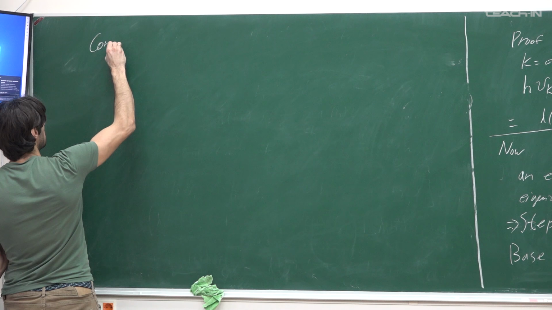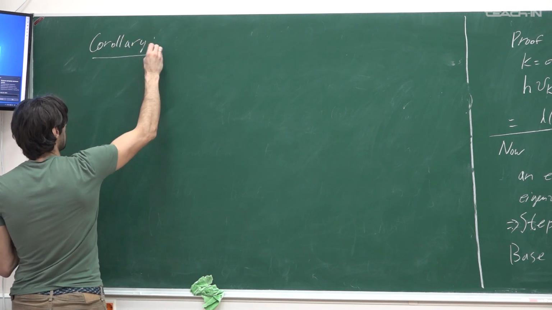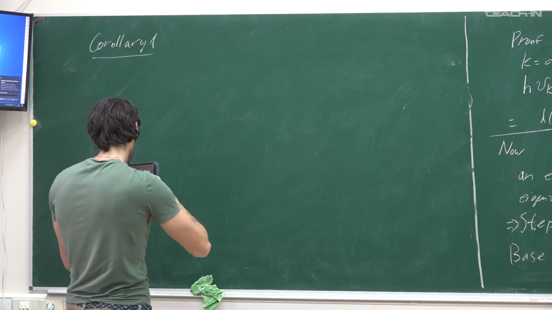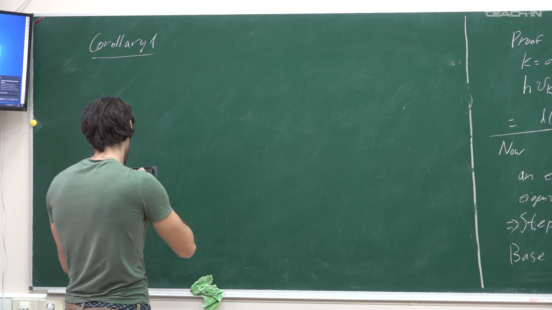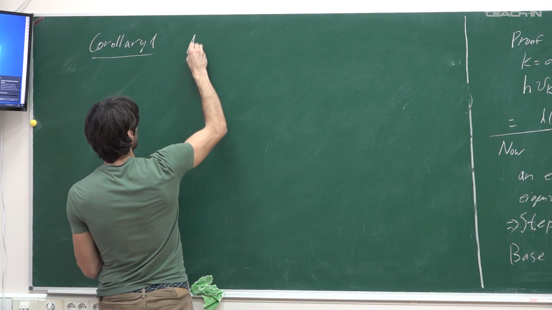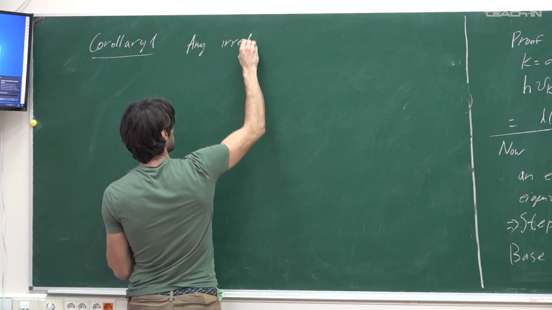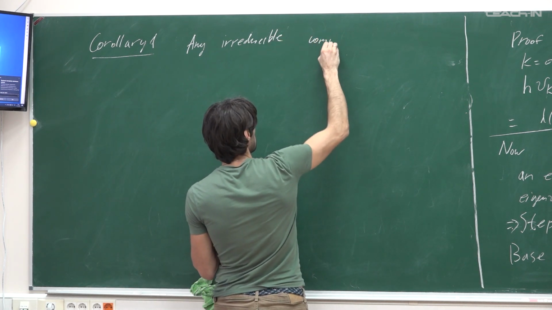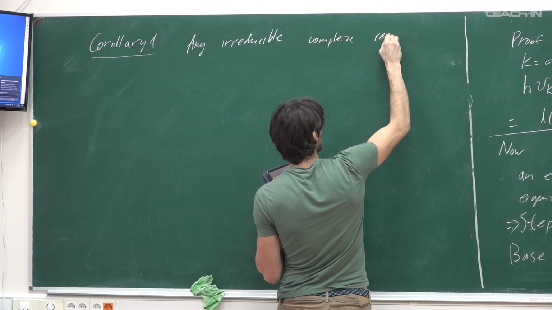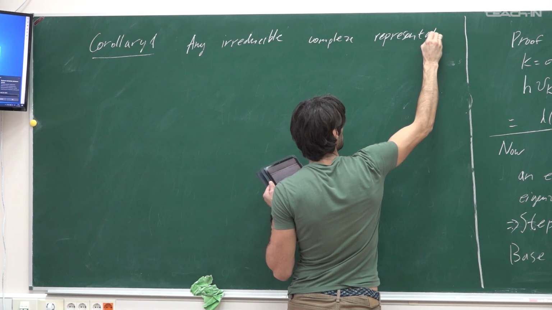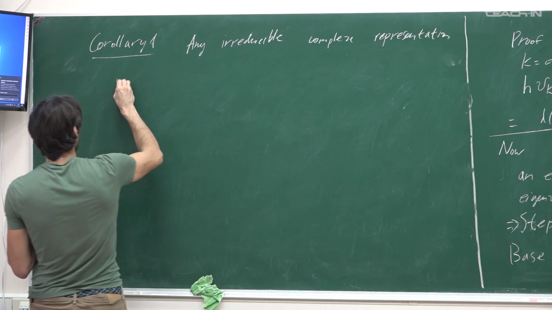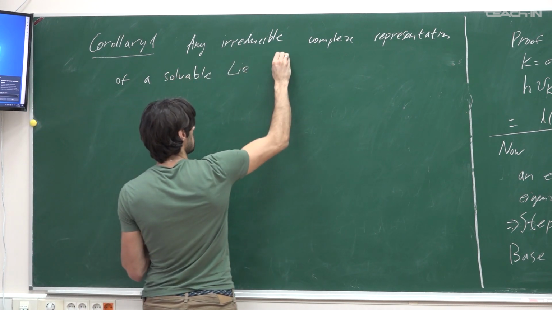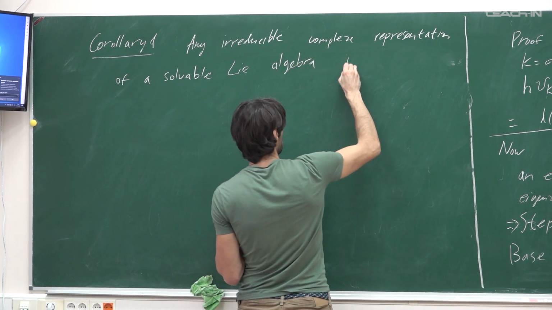But first corollary is that actually any irreducible complex representation of a solvable Lie algebra is one-dimensional.